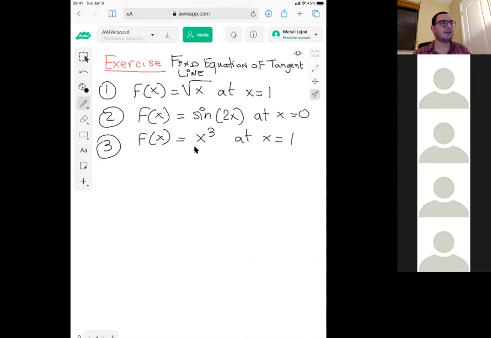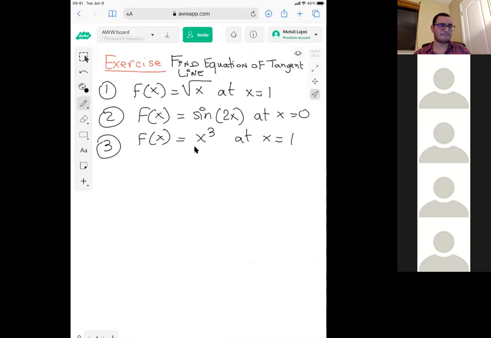If you are taking a physics course and you're studying velocity or acceleration of particles, in physics you always think of the derivative as the speed or the velocity. And we'll see that the second derivative would be the acceleration of the particle.